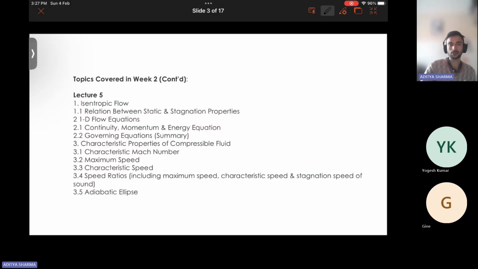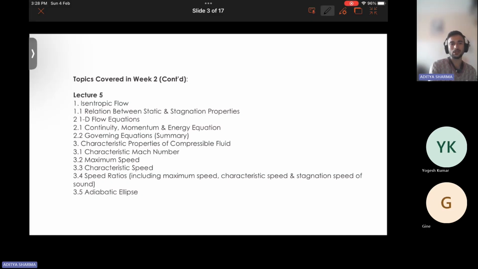First was the characteristic Mach number. Then there is the maximum speed. With respect to compressible flows only, we are discussing these topics. So there is the characteristic Mach number and characteristic speed.